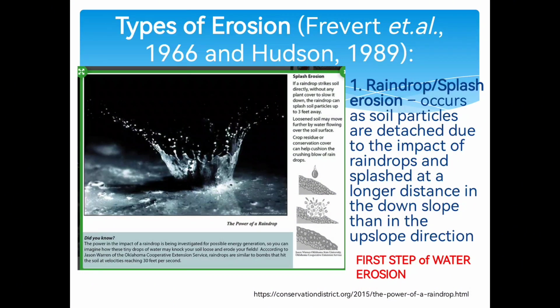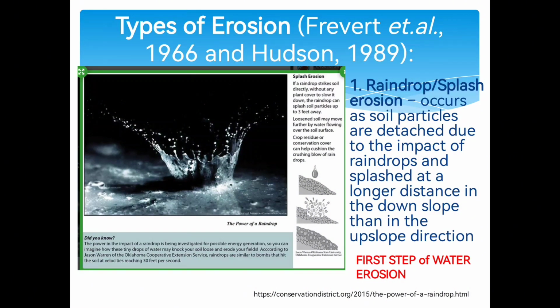So kung may ulan man, first is dun muna siya magfa-fall sa punong kahoy, and then sa punong kahoy madidistribute pa siya ngayon sa mga branches, sa ibang mga dahon. So the velocity or the kinetic energy of that raindrop will be less once it reaches the soil. So ito yung isa sa mga kailangan natin maintindihan, that if there is vegetation present in the soil, there will be less erosion compared sa walang tanim.